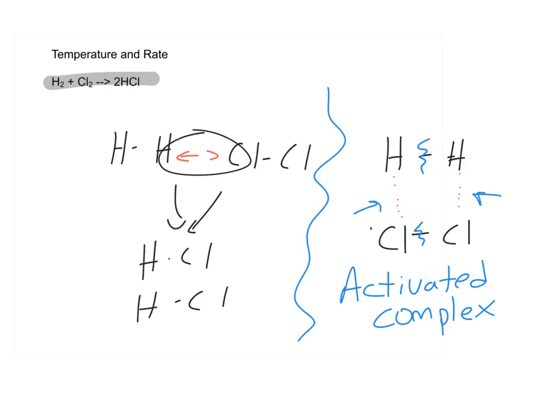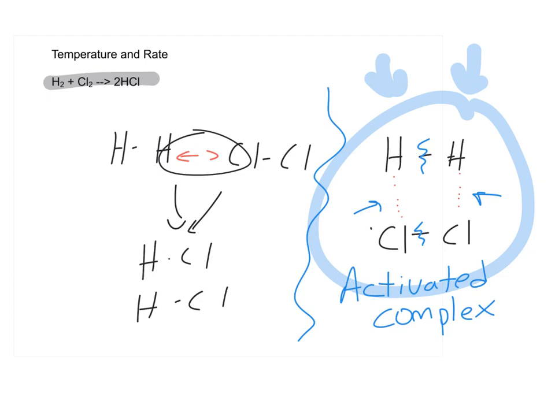Now you might be asking yourself, what's temperature's role in this? Well, if molecules are allowed to move around at their normal temperature, every once in a while you'll get a couple of molecules doing this over here. And that's good. If hydrogen wants to break its bonds and form bonds with chlorine, then this is the ideal situation. As you increase the temperature, this happens more frequently.